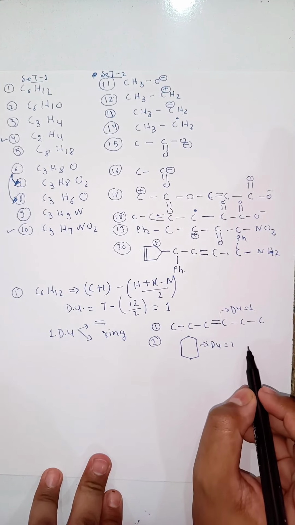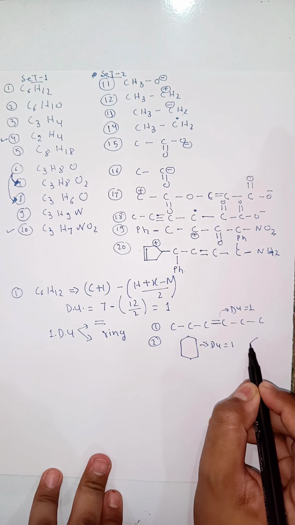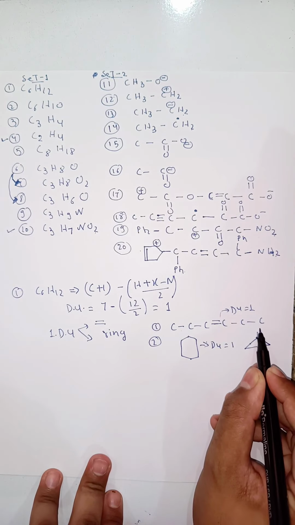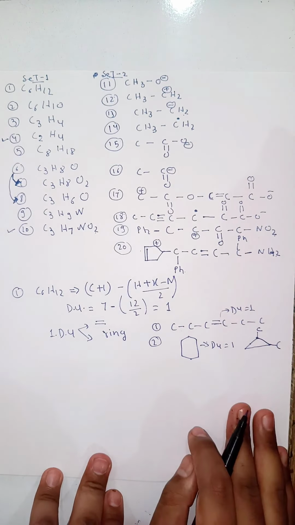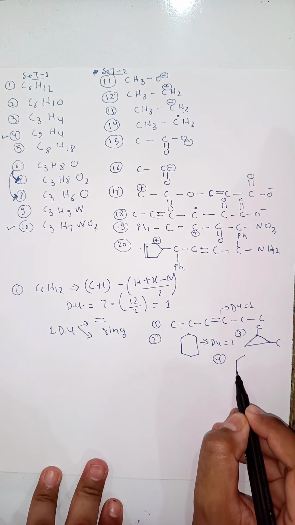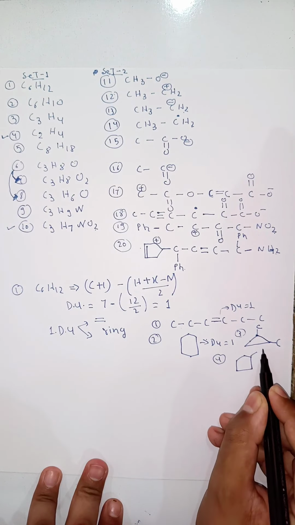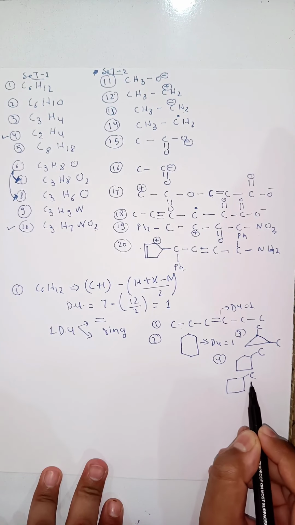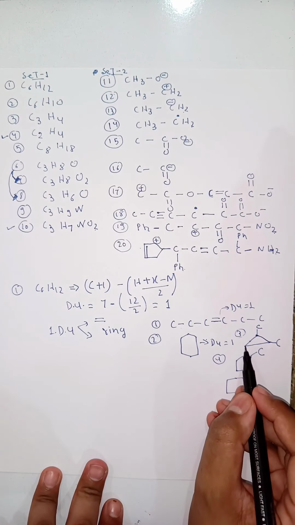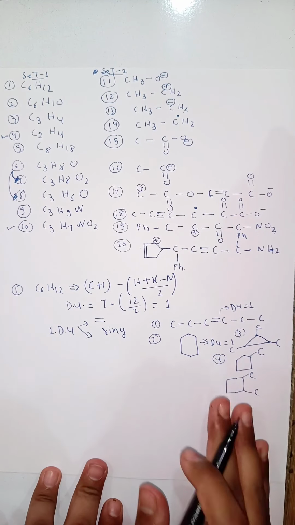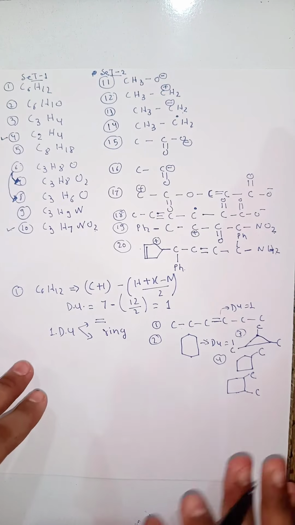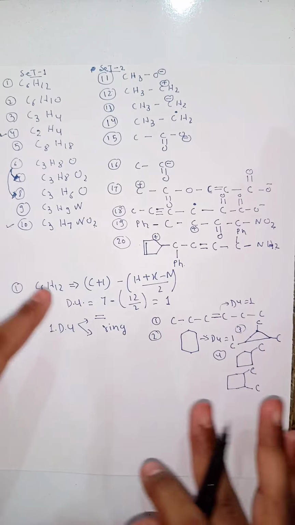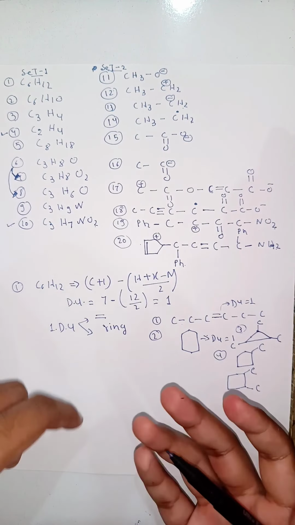Other structures may also be possible, like you can make a 3-membered ring like this and attach the 2 leftover carbons on these 2 carbons. A 5-membered ring may also be possible, or a 4-membered ring like this. One more carbon will come in this 3-membered ring. So these are the possible structures, but I will not be going into so much depth now. We will be carrying forward only those structures which are a bit important.